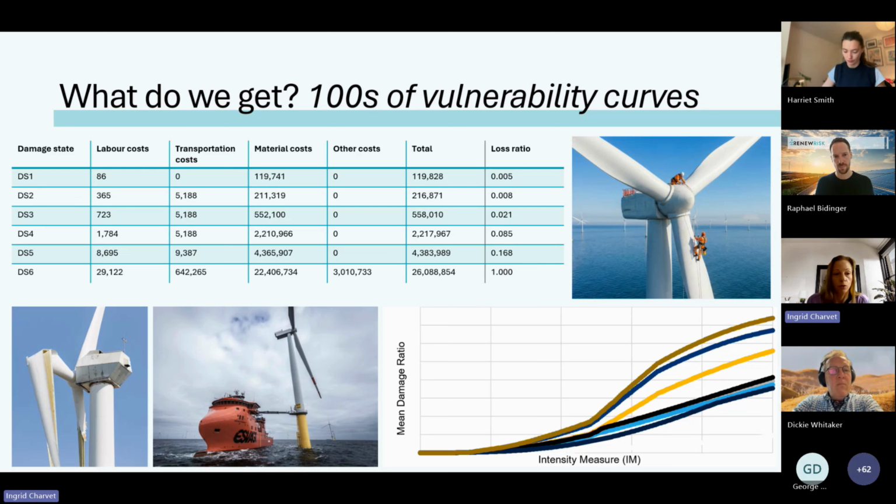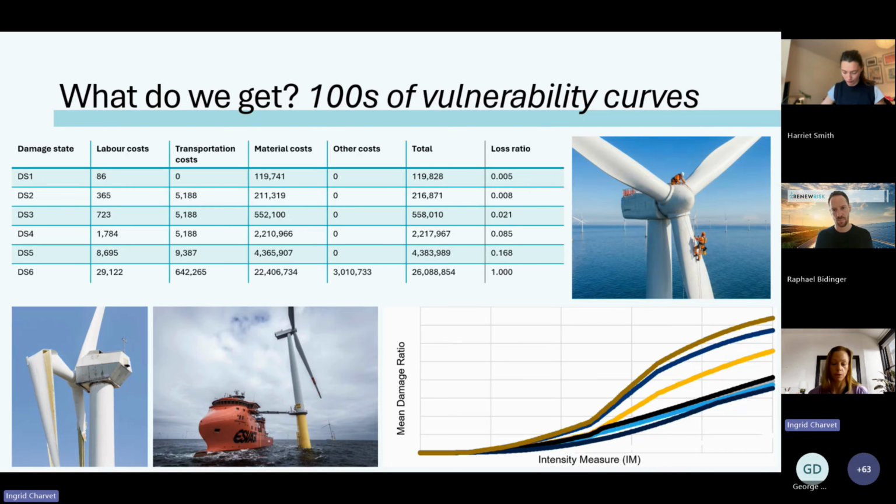So again, as Yorgos briefly mentioned earlier, we move away from generic cost assumptions and we build a detailed component-based model for offshore wind farms. That model is, again, asset-specific and primary characteristic-specific, but it is also country-specific, and it breaks down the total cost structure into the essential components of the costs of repair or rebuild.